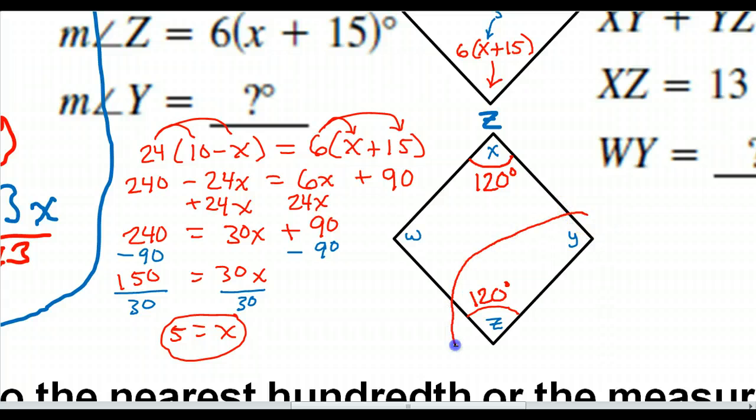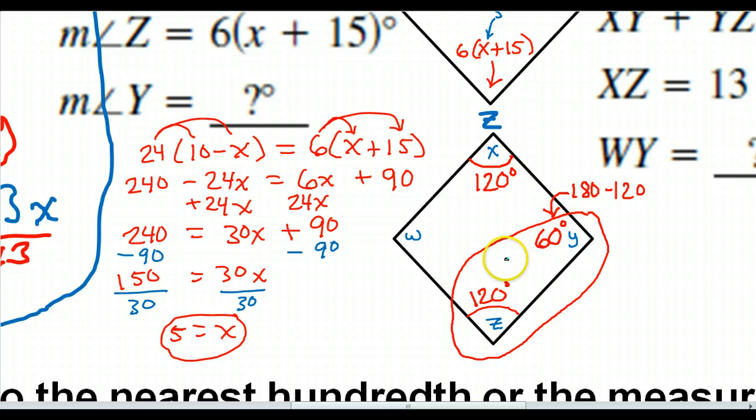Consecutive angles in a parallelogram will be supplementary. So I could just do 180 minus 120. And if I do that, that's going to make 60. So angle Y must be 60 degrees.